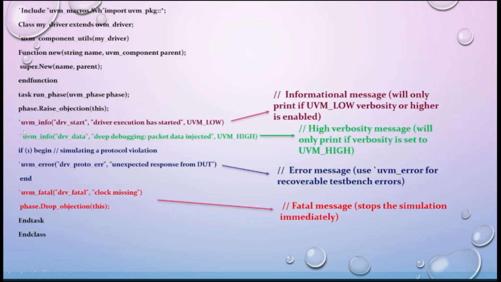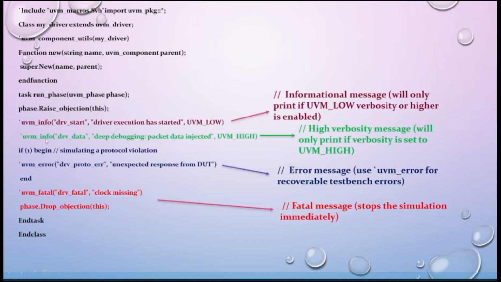Okay, `uvm_info, drive start. This is the ID, so it will go to this particular ID and print the message there. This is the actual message: driver execution has started, and the verbosity level is UVM low.